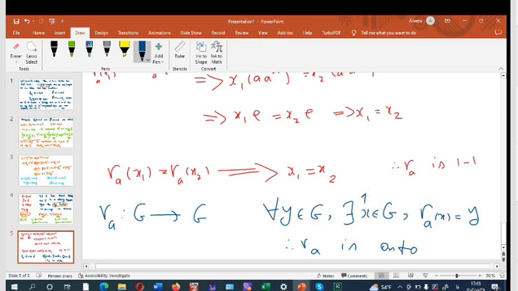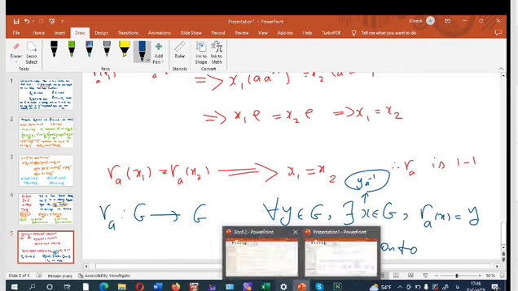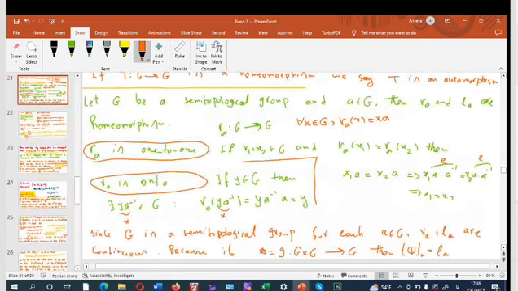This x equals this, but we have an element by this property, so this function is onto, and this shows that this function is one-to-one and also onto.